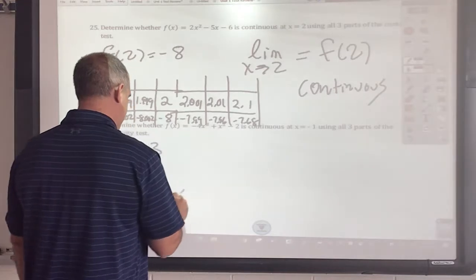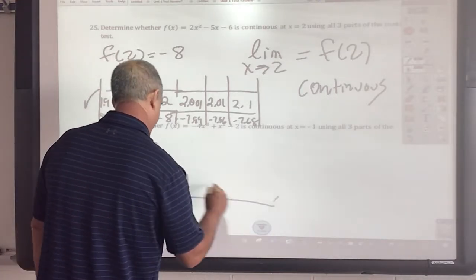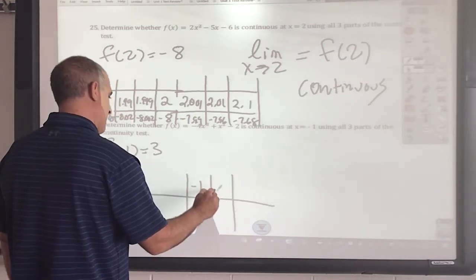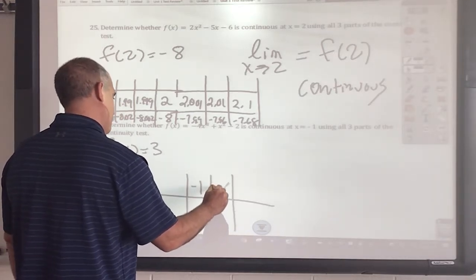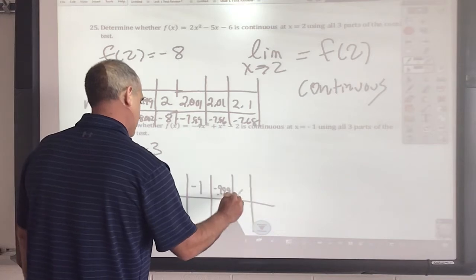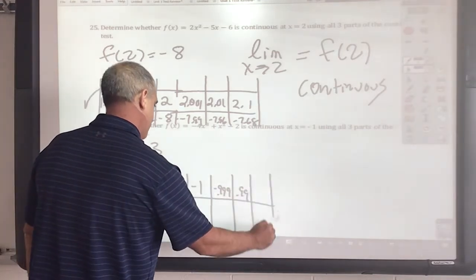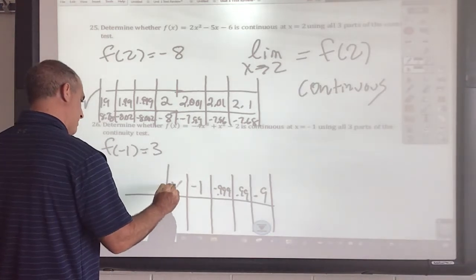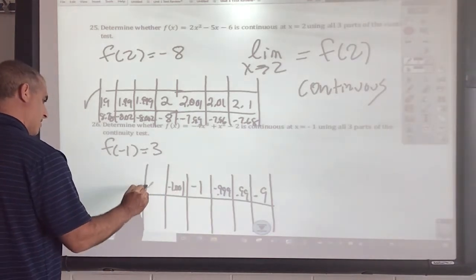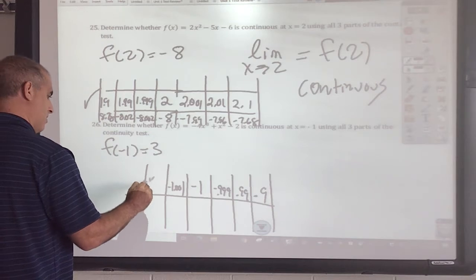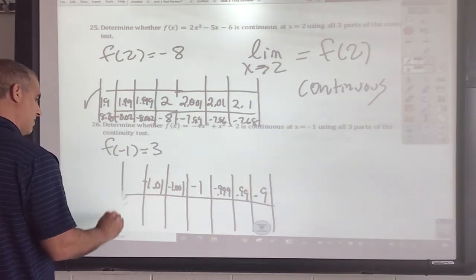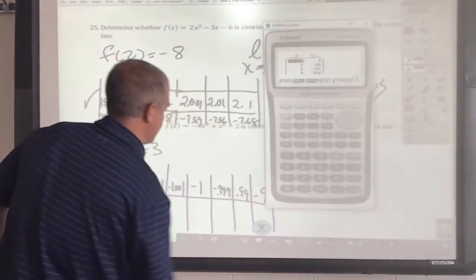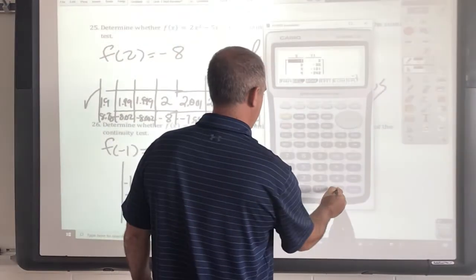Now I want to make this table. I'm going to be at negative 0.999, negative 0.99, and negative 0.9. I'm going to be at negative 1.001, negative 1.01, and negative 1.1. I'm going to look at all these values. Let's start with negative 1.1.